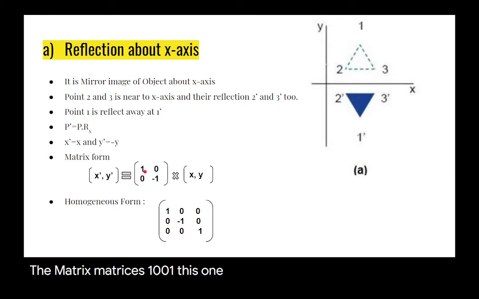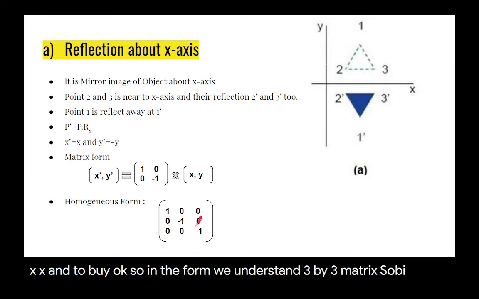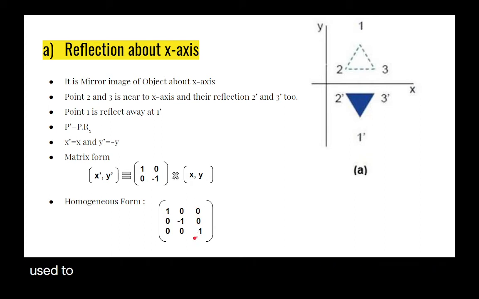This 1 represents x, this minus 1 represents y. In homogeneous form we use a 3 by 3 matrix, so we introduce one column and one row of the identity, where 1 is at the corner and the other entries are 0 and 0. This is the reflection about the x-axis.